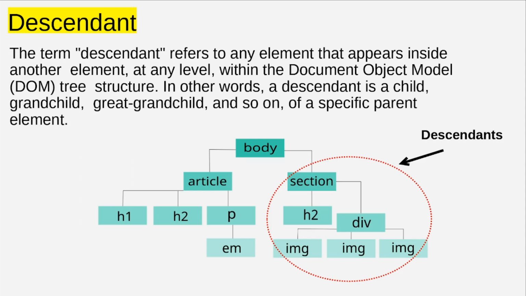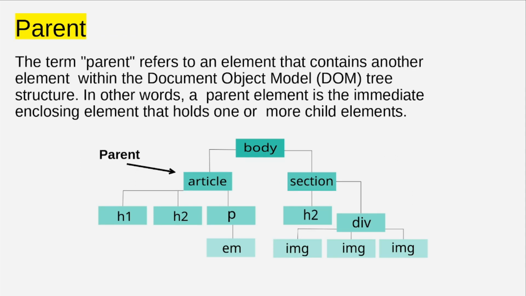All are descendants. The term parent refers to an element that contains another element in the document object model. In other words, a parent element is the immediate enclosing element that holds one or more child elements. We have the article on this chart as the parent.